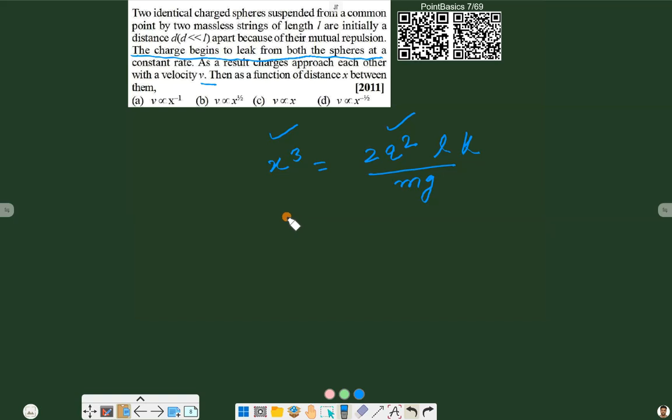So we can write only in the form of variables, that x cube is proportional to q square, because all others are constant, so we will be ignoring them. And from this we can say that q is proportional to x raised to power 3 by 2, and from this dq by dt is proportional to 3 x raised to power half into dx by dt, that is v.